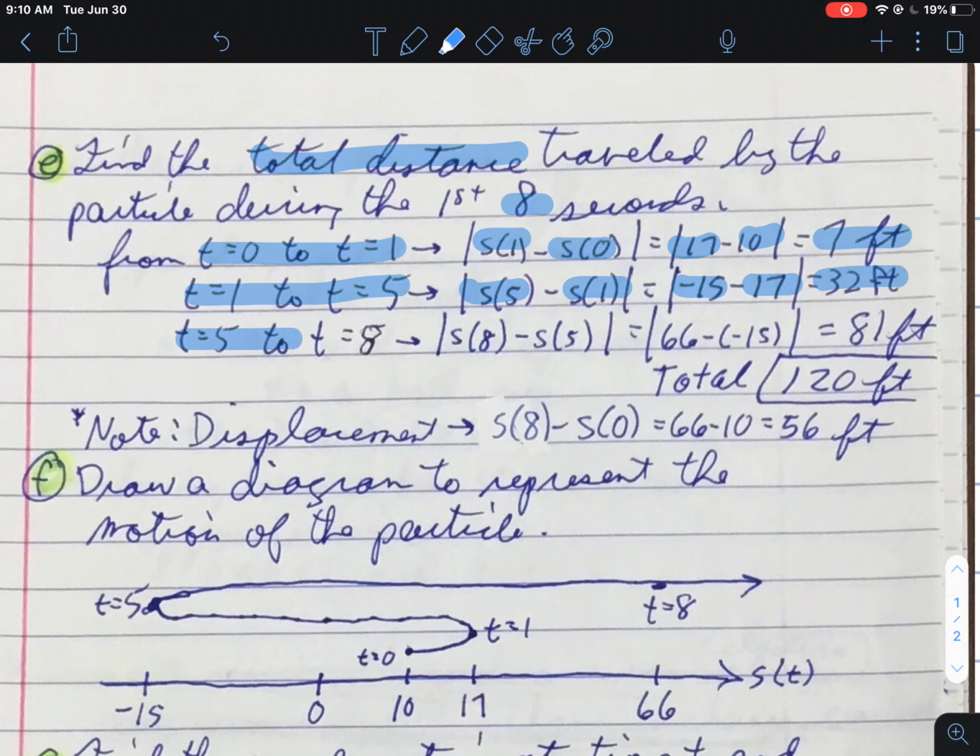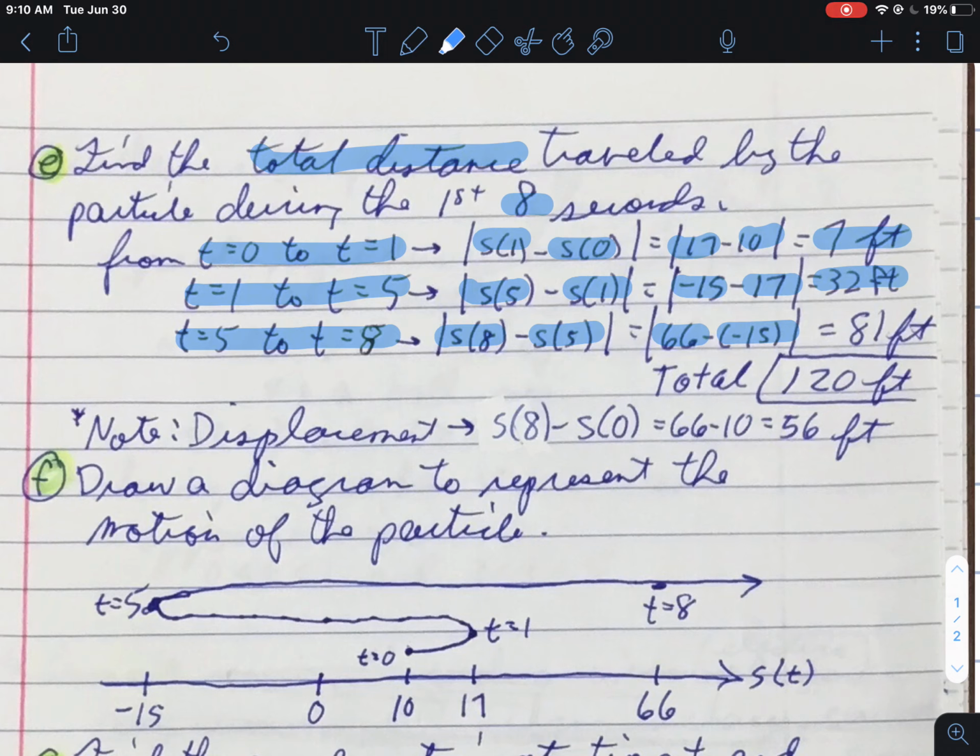So from t equals 5 to t equals 8, because that's where we're asked to cut this off. Find its position at 8 seconds, which gives us 66 if you plug that into s of t. Find our position at 5 seconds, which we had previously at negative 15. Now again, we're looking at the difference between the locations. So notice we're always subtracting there.